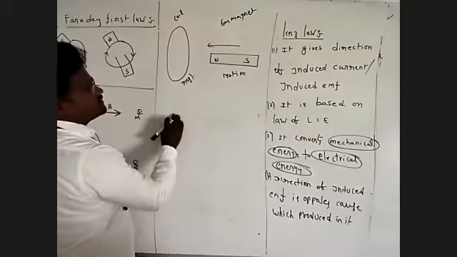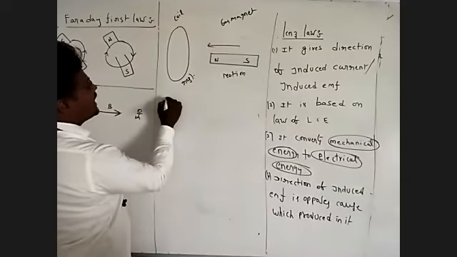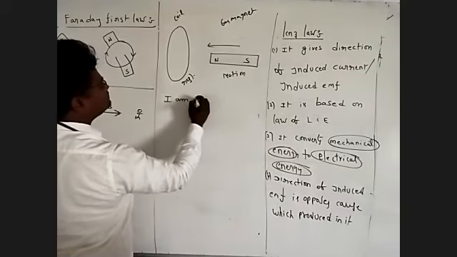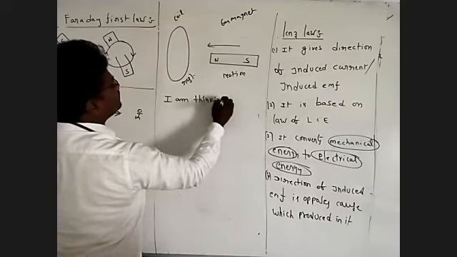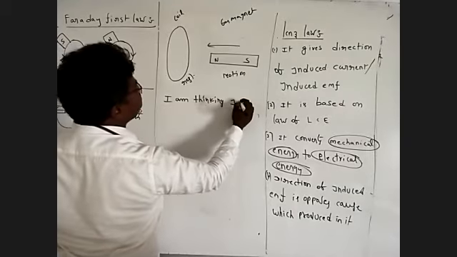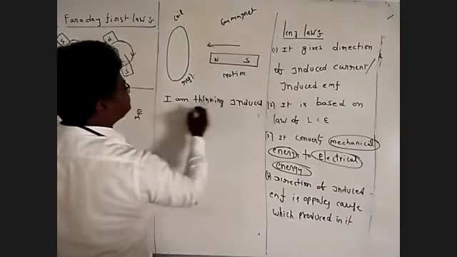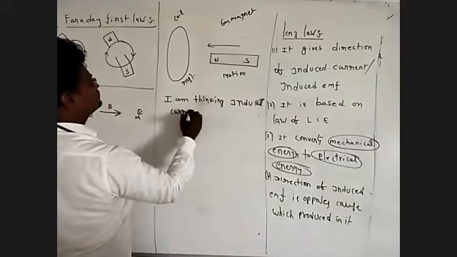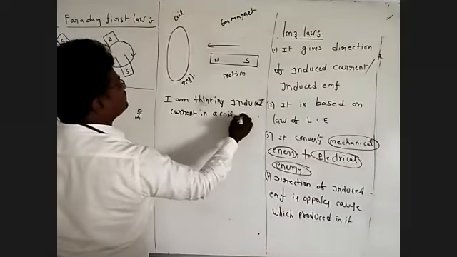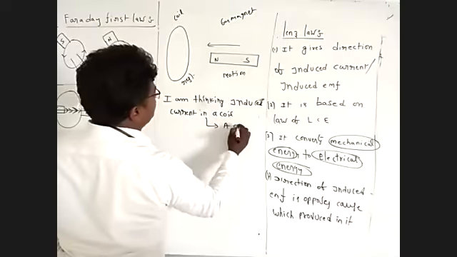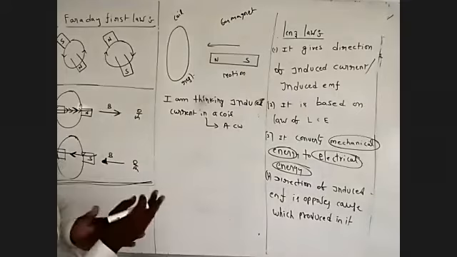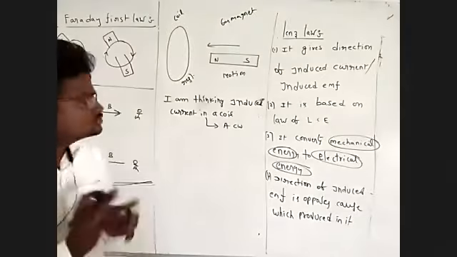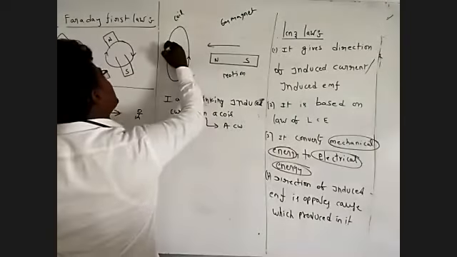Then the induced EMF flows in a coil. Suppose I am assuming, suppose I am thinking, the induced current in a coil is in the anti-clockwise direction.